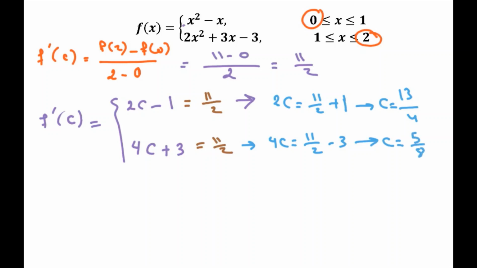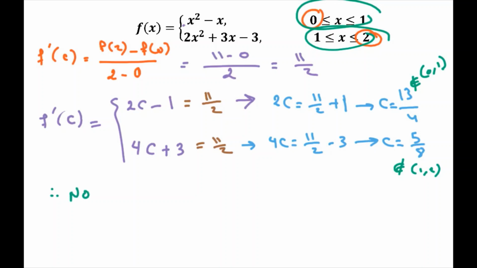Now we need to study whether each one of these belongs to the intervals. So this one does not belong to the open interval 0 to 1. This one also does not belong to the interval 1 to 2. So what does that mean? No value of c satisfies the mean value theorem.